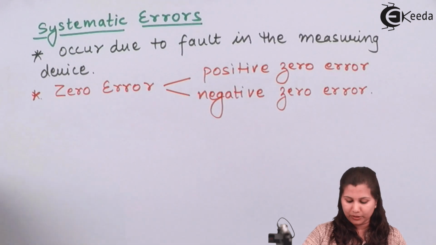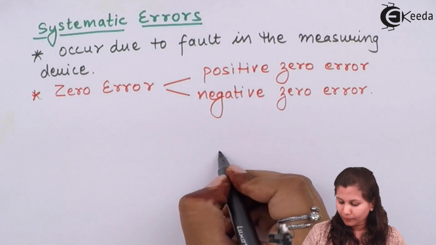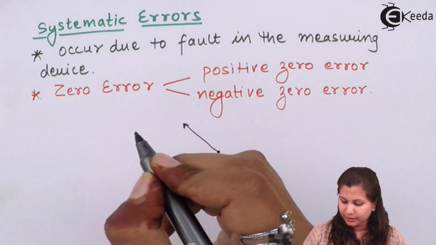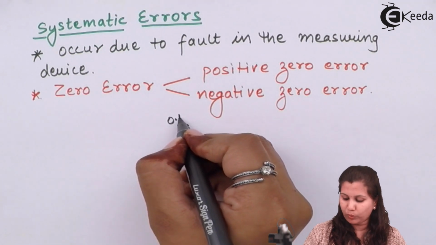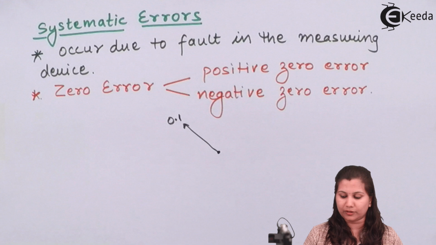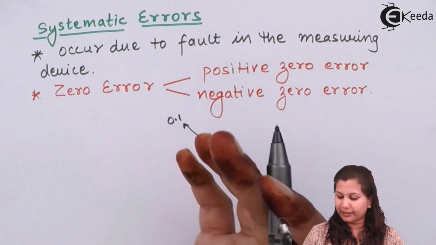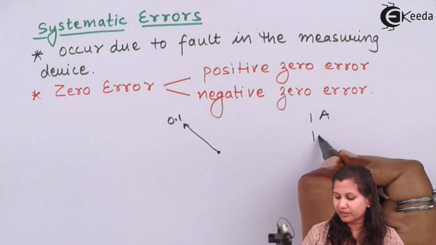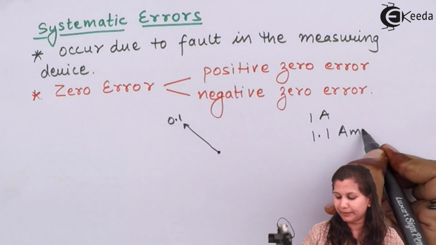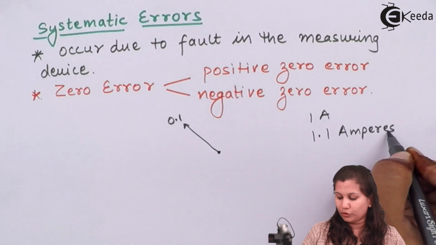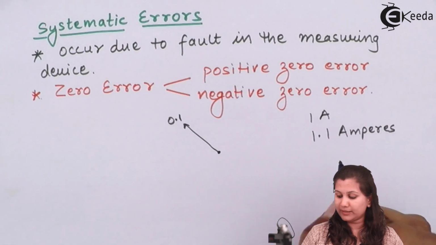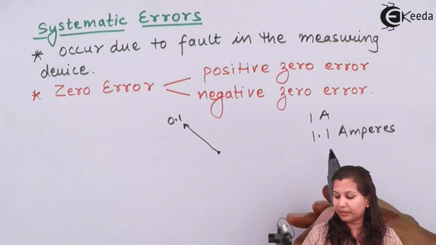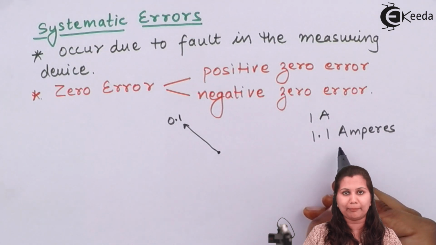Suppose the ammeter pointer is at the 0.1 ampere position. So when we are measuring a current of, suppose, 1 ampere, instead of 1 ampere it will give us a reading of 1.1 amperes. So an error has occurred because the actual value was 1 ampere, but we are reading it as 1.1 amperes.